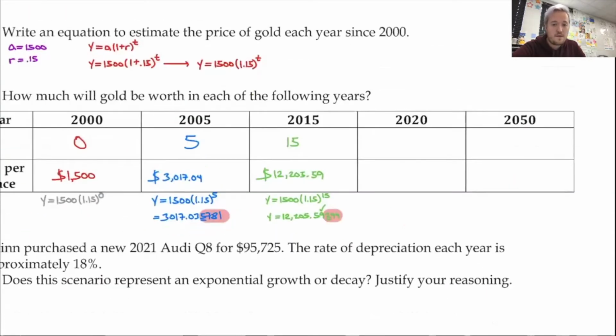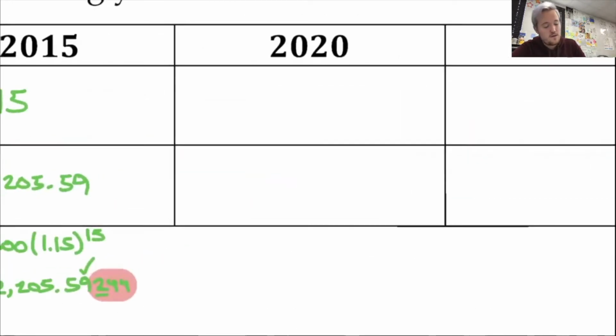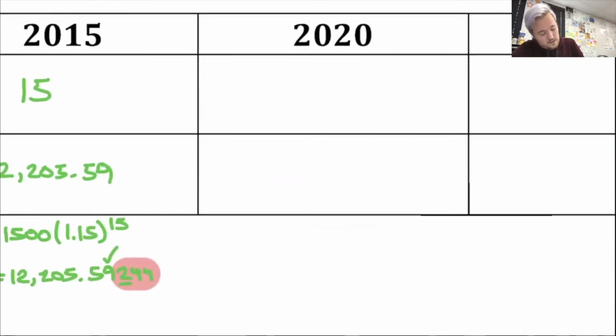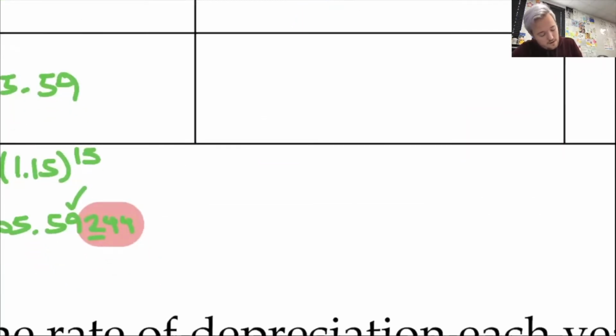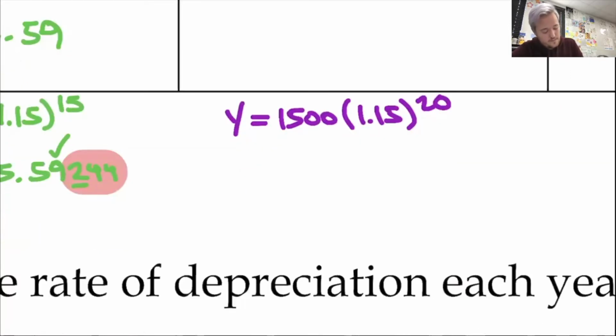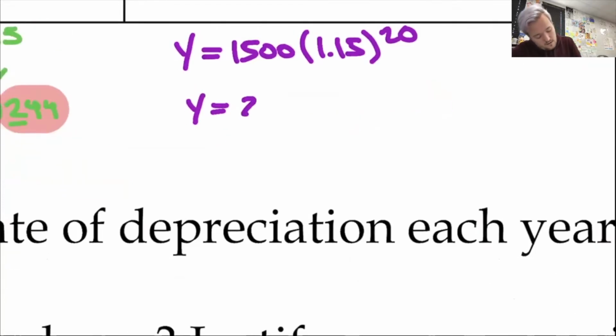All right, so now I'm going to go on to the year 2020. That's 20 years later, so that's your new t value. So we're going to have 1,500 times 1.15 raised to the 20. When you raise it to the 20th power, our value is now 24,549.80609.